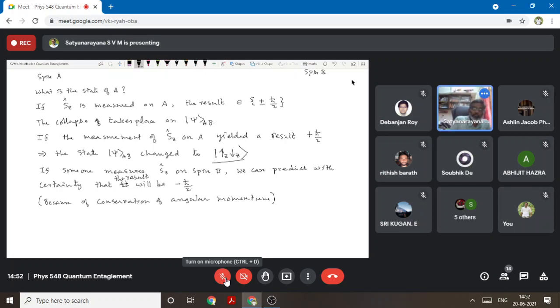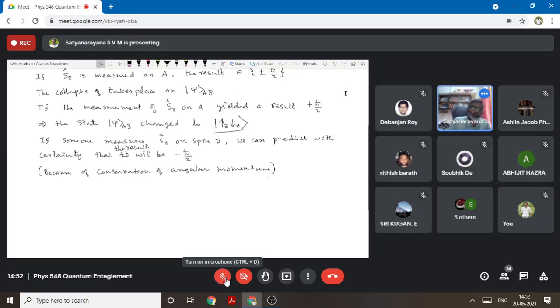It can yield minus h cross by 2 also. But if it is minus h cross by 2, then we can predict that the result will be plus h cross by 2 on the other one. Now this is what we want to call a correlation. So there is a correlation among the results of the measurements.